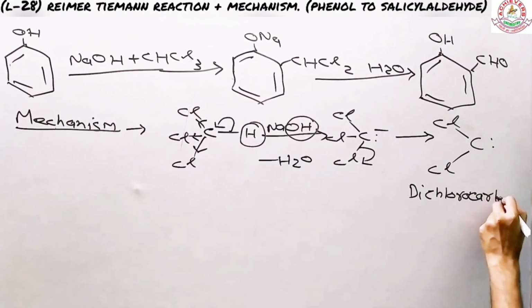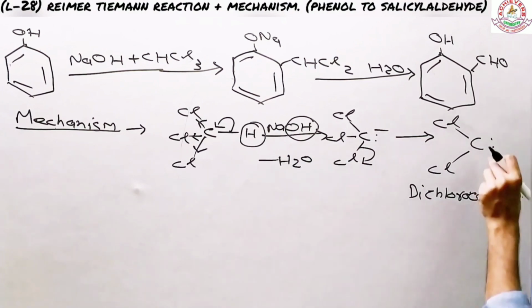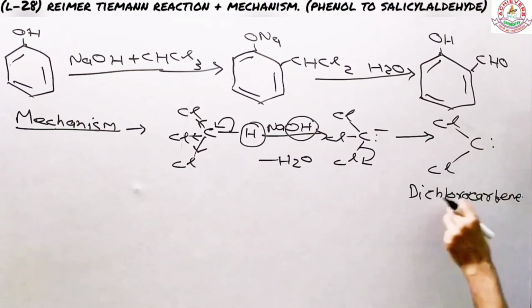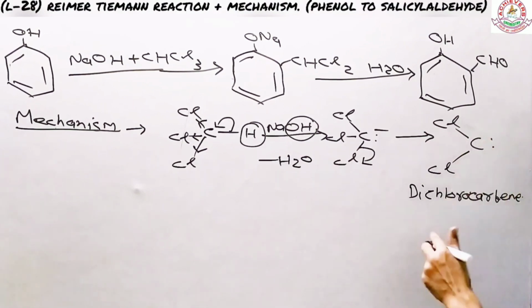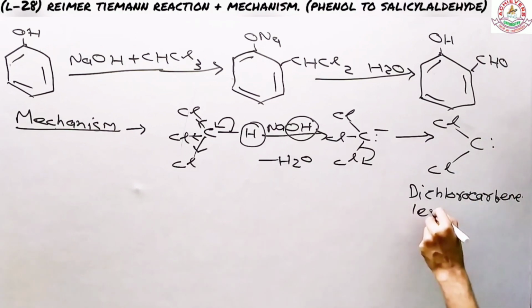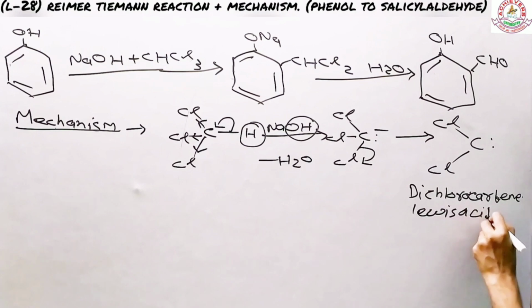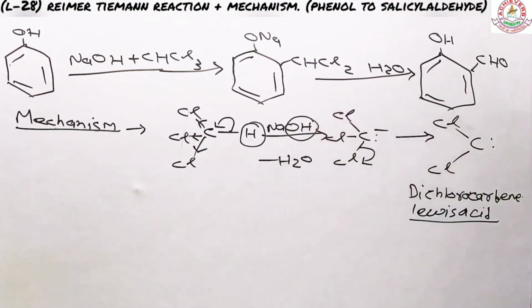Carbene is a very important term for competitive exams. This molecule has a lone pair, so it seems like a nucleophile, but it's not. Why? Because it has only 6 electrons around it, 2, 4 and 6, and therefore it acts as a Lewis acid. This is the initiating molecule for the overall reaction.